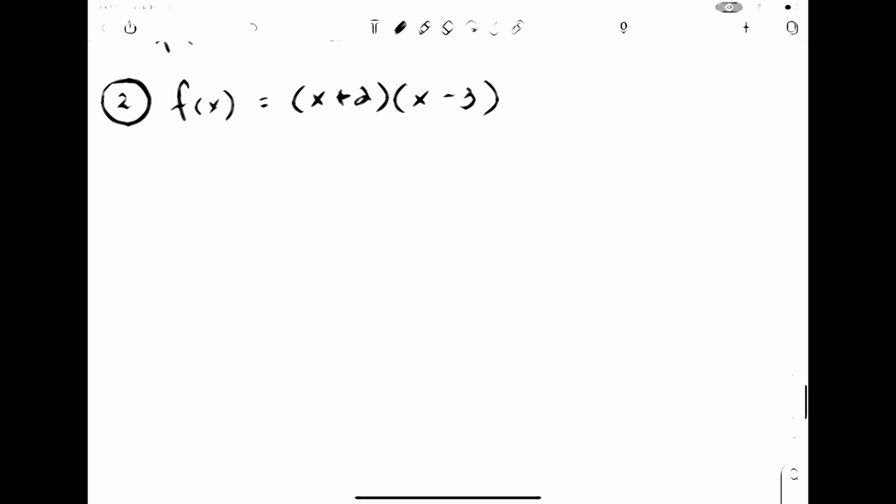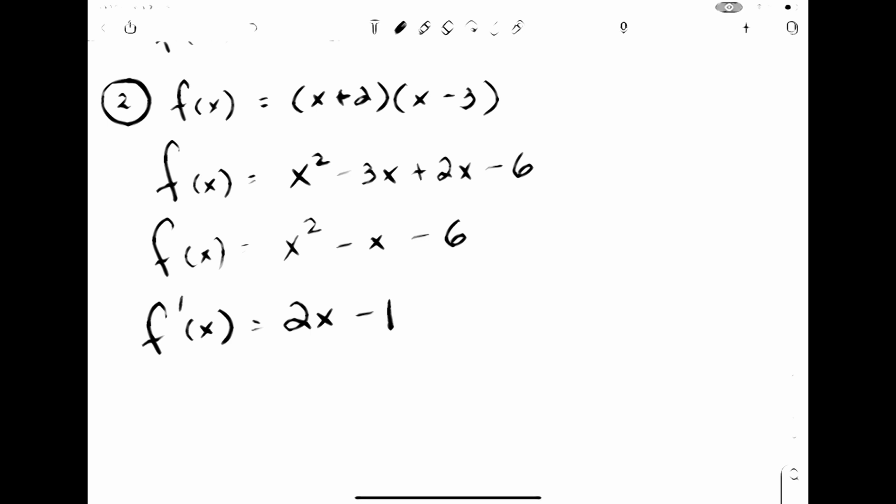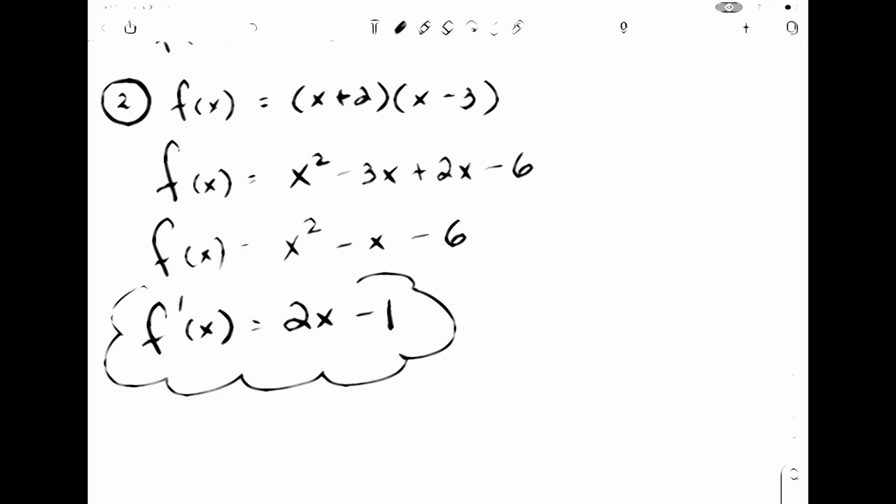So we have some algebra to do, and of course our algebra here is FOIL. First times first, outer negative 3x, inner plus 2x, last minus 6. Can I clean that up? Heck yeah. X squared minus x minus 6. Now it's in the form that allows us to take the derivative. Multiply and subtract, and you should at this point go, oh, I see how he's doing that.